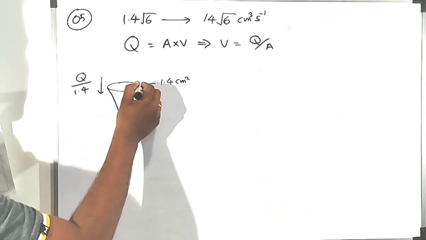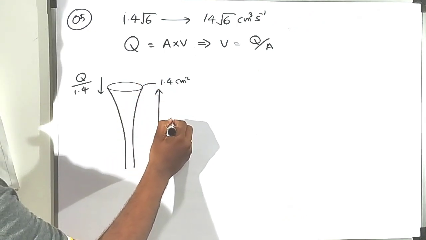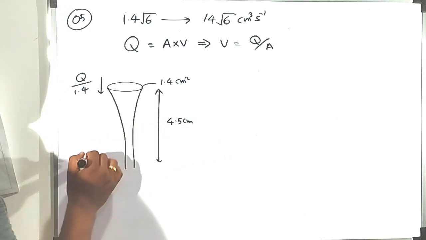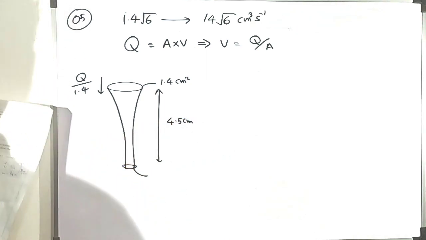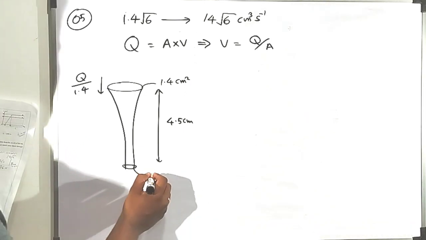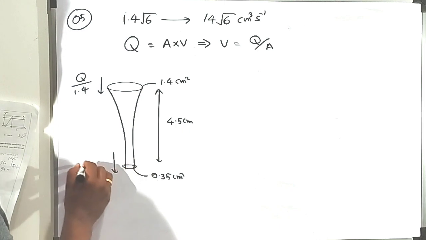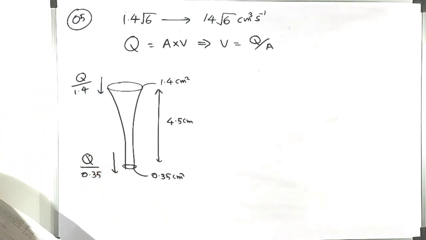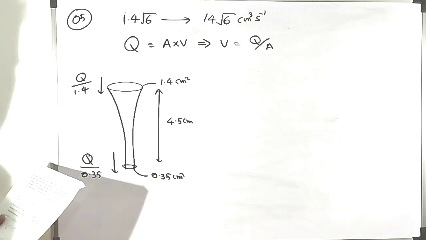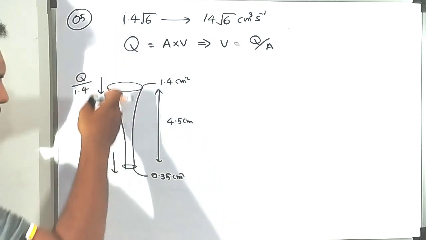After a certain distance, 45 millimeters, which means 4.5 centimeters, the cross-sectional area of the water flow will be 0.35 centimeters square. Then the velocity will be Q divided by 0.35.